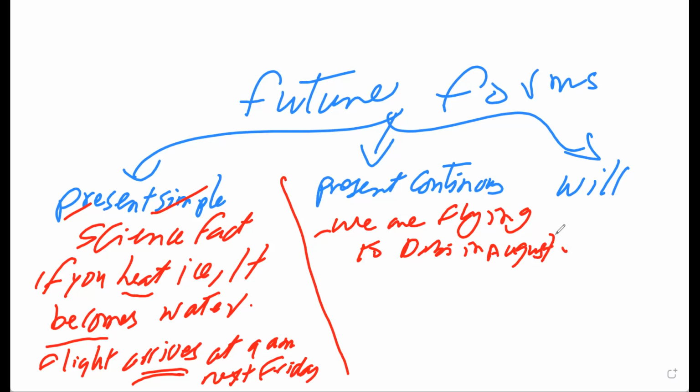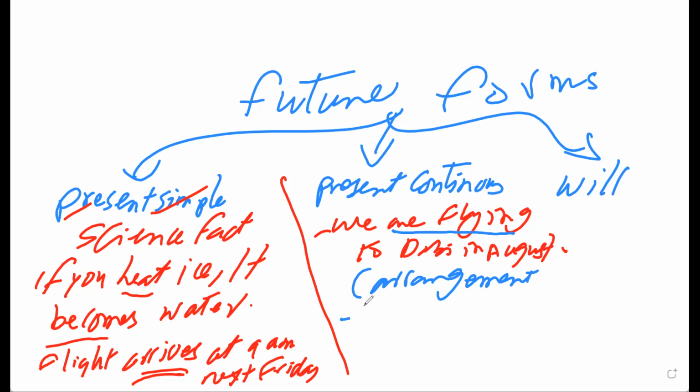We are flying to Dubai in August. إحنا مسافرين طيران لدبي في شهر 8. الله، ليه هنا قلتي we are flying؟ ليه ما قلتيش we will fly؟ ليه استخدمت المضارع المستمر؟ Why? Because هنا صار عندي arrangement. إيه هو الارينجمنت؟ يعني you have your ticket, you have hotel reservation، عندك التذكرة موجودة وعندك حجز الفندق. اوكي، يعني وحتى البرنامج واضح، كل شيء مترتب. عشان كده قلنا present continuous.